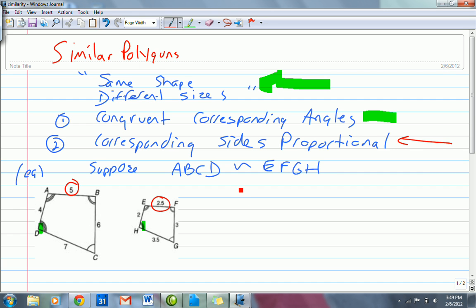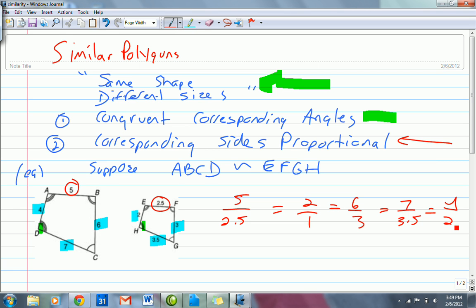So 5 over 2.5 is the same as 2 to 1, right? And what you'll find is that the ratio of all corresponding sides will be the same, 2 to 1. 6 to 3 is also 2 to 1, 7 to 3.5 is also 2 to 1, 4 to 2 is also 2 to 1.